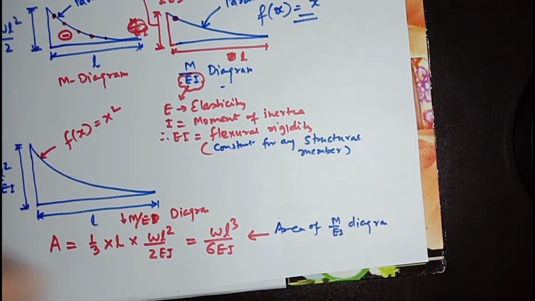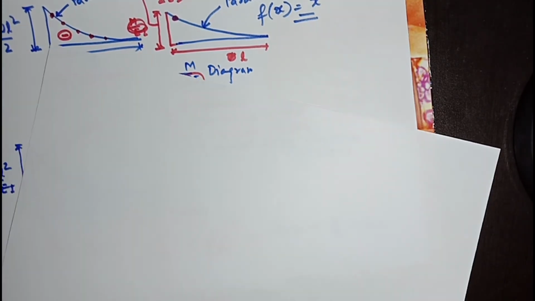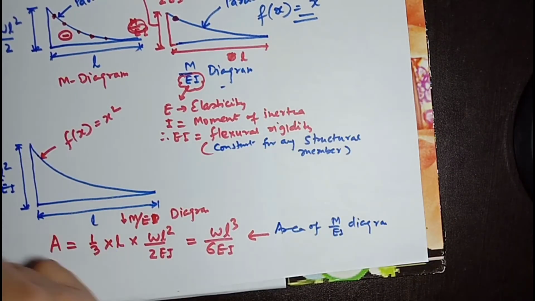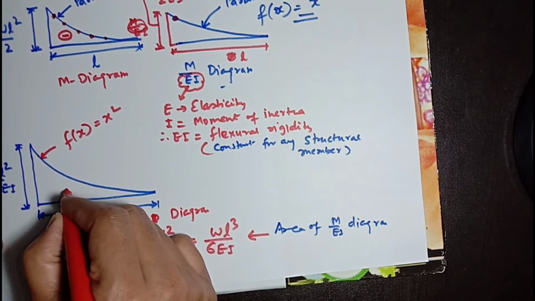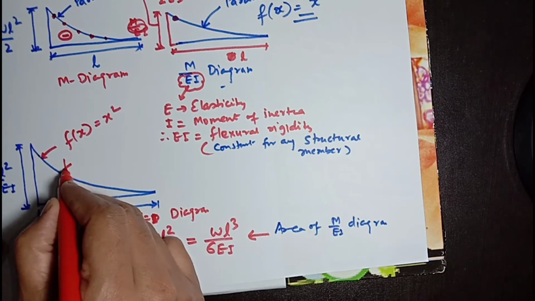Now for the calculation of delta, the centroid x bar will be somewhere here.